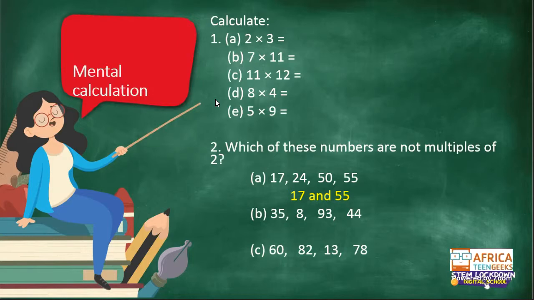Okay, let's look at B. 35 and 93, yes. 35 and 93. And let's look at C. 13, correct. 13 is not a multiple of 2. Let's move to our next slide.